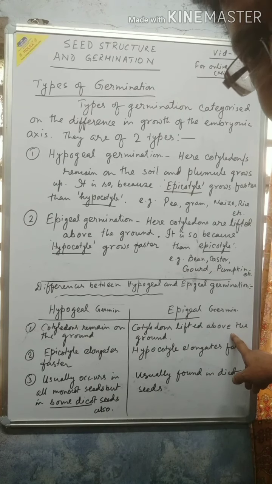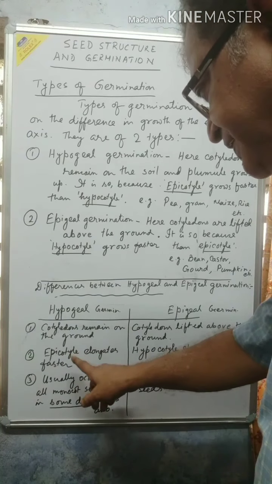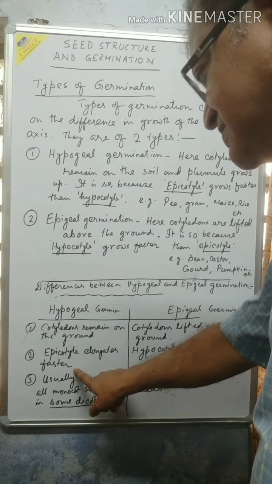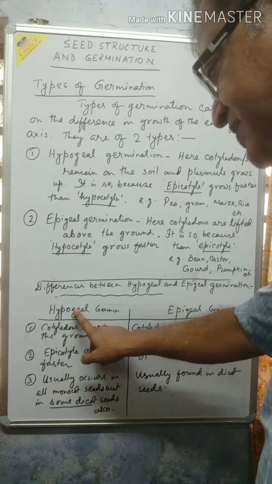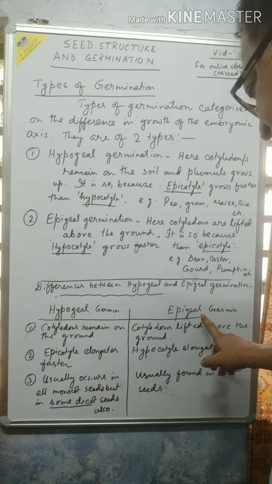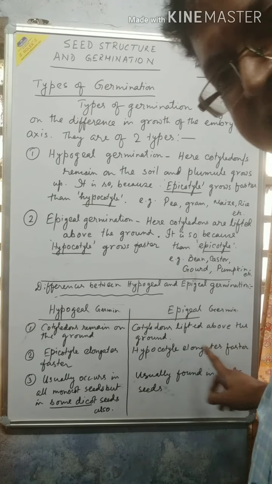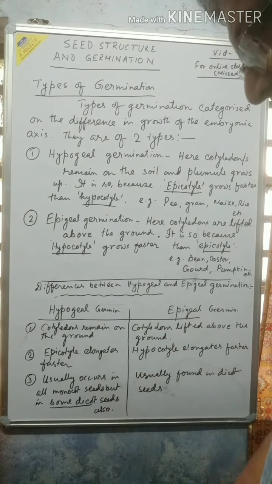That is the basic difference. Second point: in hypogeal germination, the epicotyle elongates faster, and in epigeal germination, the hypocotyle elongates faster. These two are the basic points.